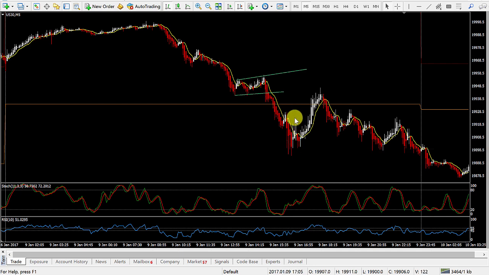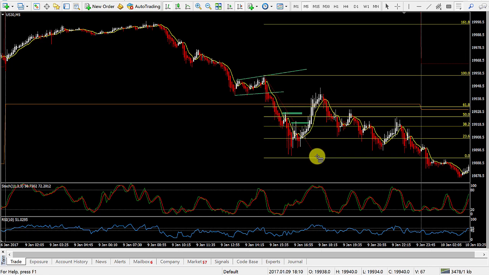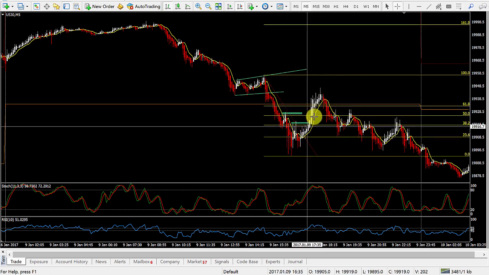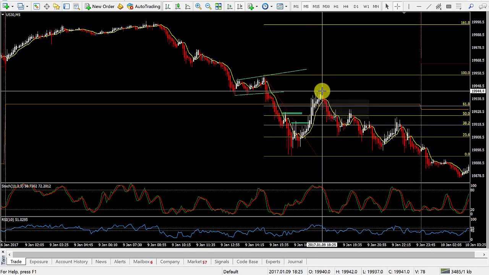And then in comparison, look at this pullback here. We had this local high and this local high, and they were both taken out by that pullback. We even pulled through all these Fibonacci levels.